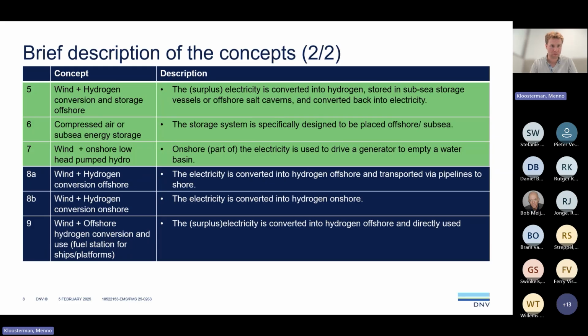So one where the electrolyzer is located offshore, and also storage of hydrogen offshore. Then there's a concept where the hydrogen is generated offshore and transported via pipelines. And then one where the electrolyzer is located onshore.